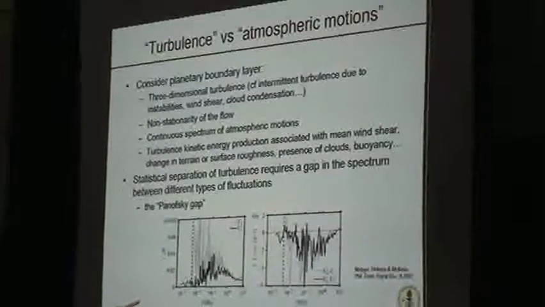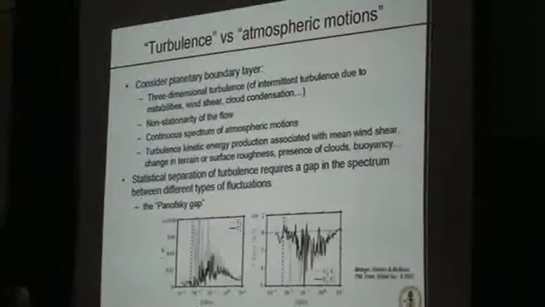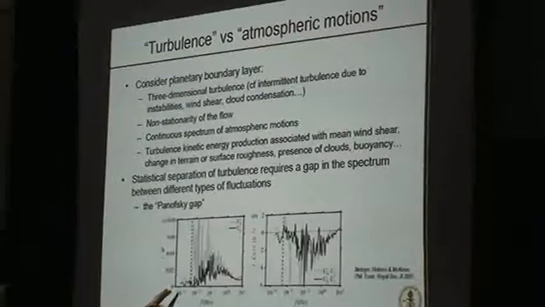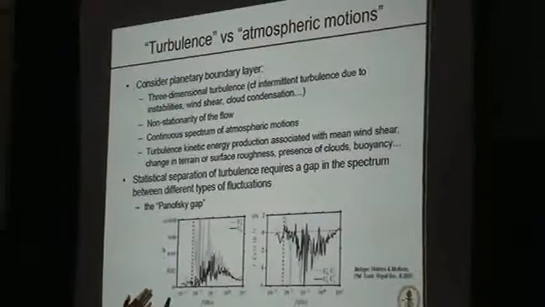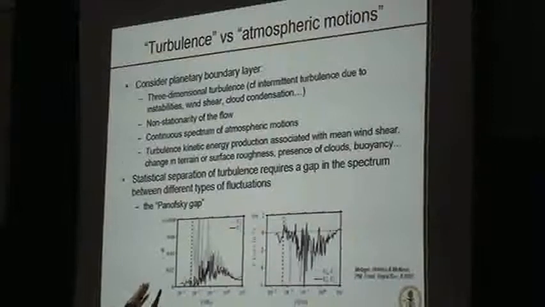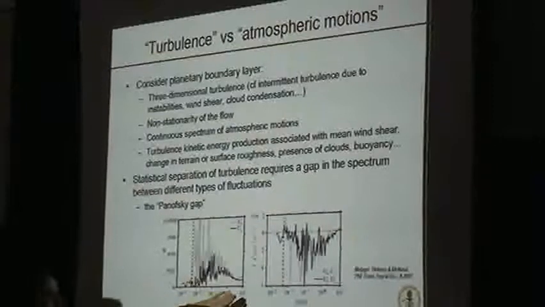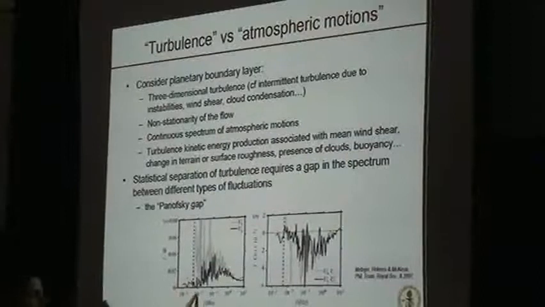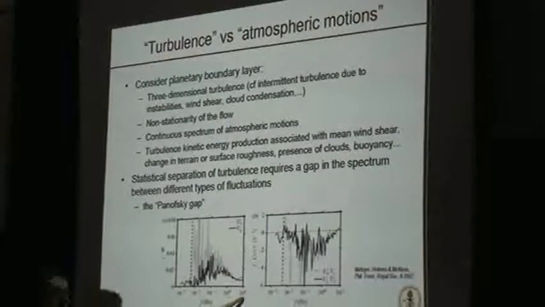multiplied power spectrum of the streamwise and wall-normal velocity fluctuations. You can see here this problem of convergence. These are very noisy spectra, but this would be turbulence, so from about 10 to the minus 2 hertz up to beyond 10 hertz.